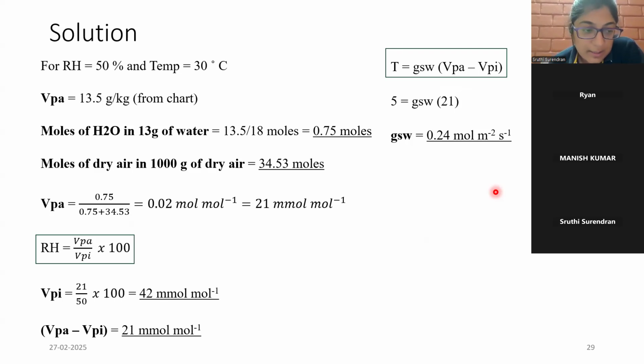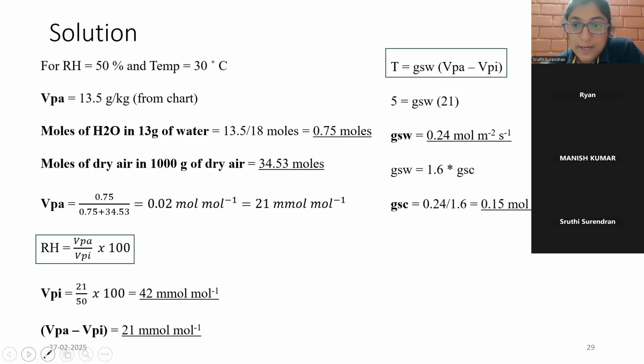Carbon dioxide diffusion is slower than water. So we will divide this value by 1.6. So we get around 0.15 moles per meter square per second, around 1.5 times lesser than the water's value. And that value we will substitute in this GSC part.